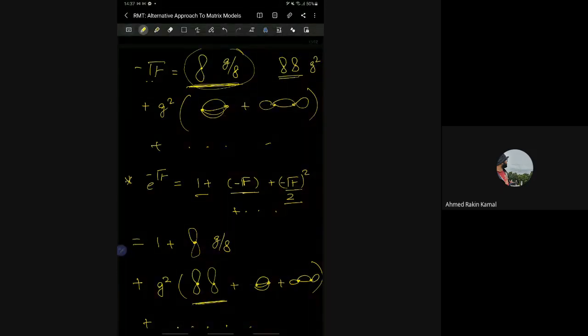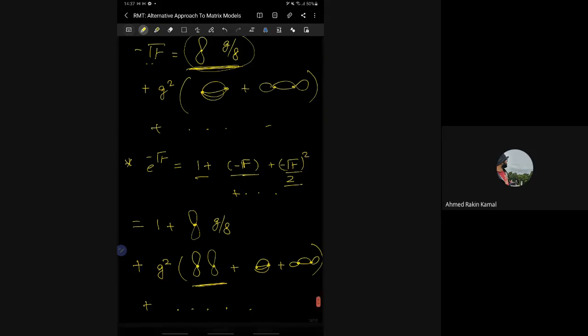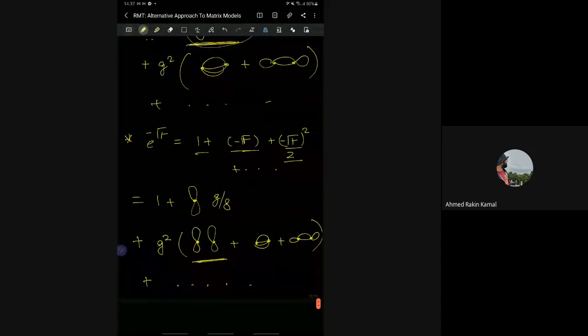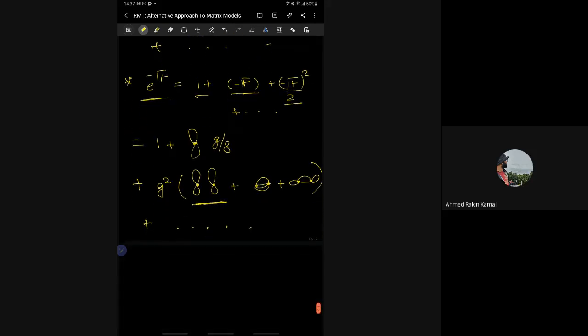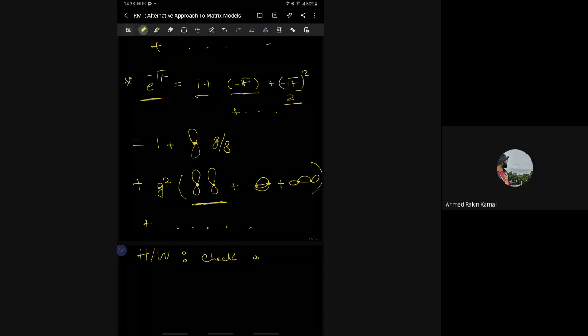So basically, what have we done? We have gotten a disconnected graph at G squared from connected ones. At all orders, it's true. You can check at, let's say, G cubed. Let me give you another homework: check at G cubed, it holds.